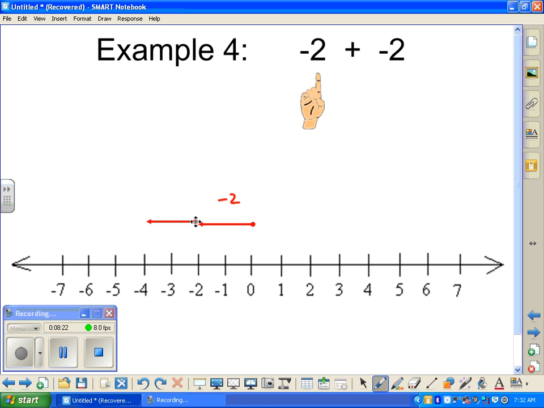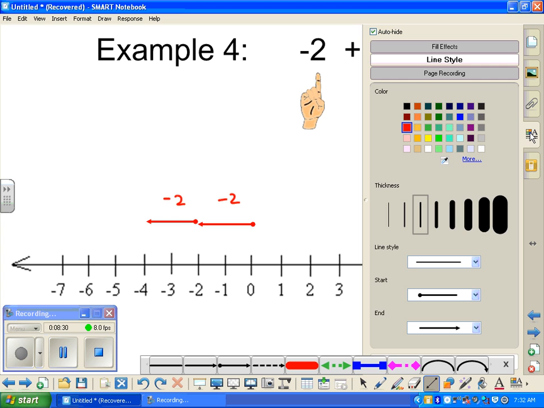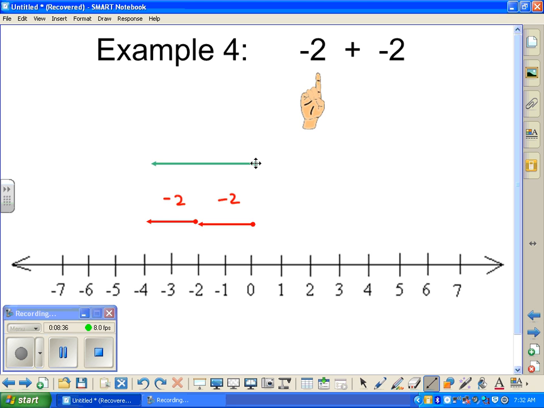And so that's another 2 steps backwards that we traveled. And so the resulting answer here is actually, if I started from 0 again, the whole length of this line is actually worth -4. Okay?